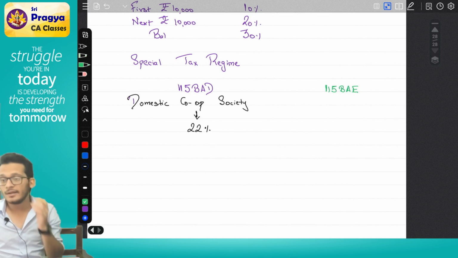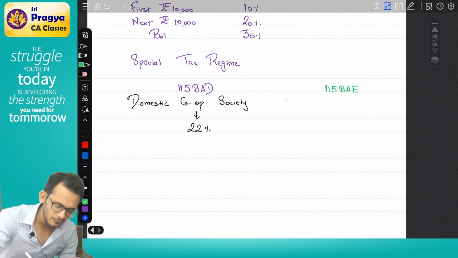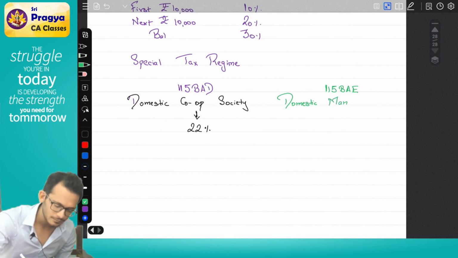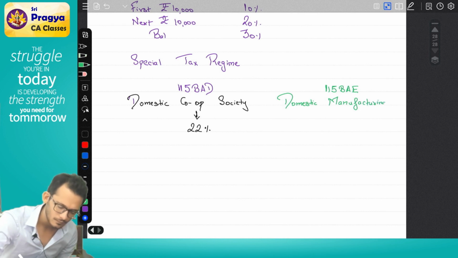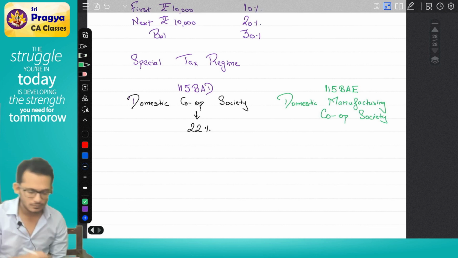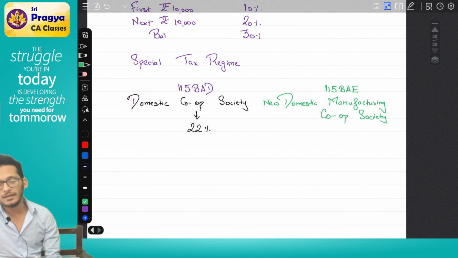Therefore in the current year they introduced 115BAE, where they say, if you are a new domestic manufacturing cooperative society, the tax rate will now become 15%.